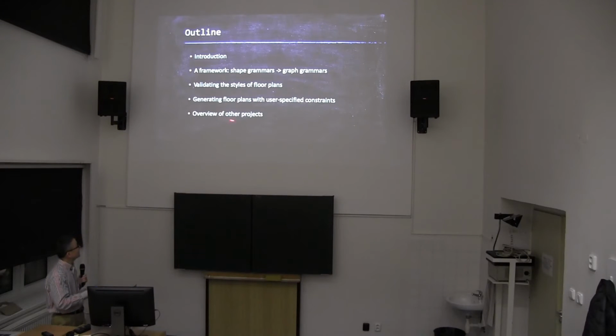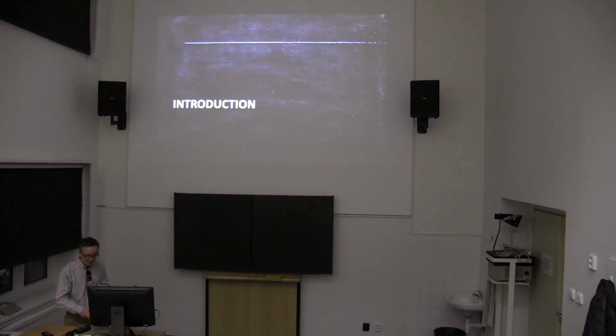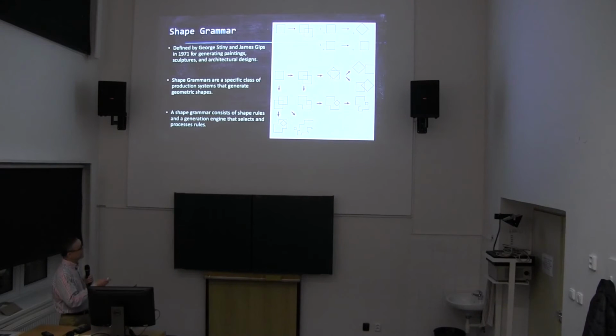Then overviews of some other projects. I will mention some information visualization and also generative art. Firstly, the introduction, and a quick overview of shape grammar. I guess most of you are probably familiar with it, so I'm not going to go into much detail.